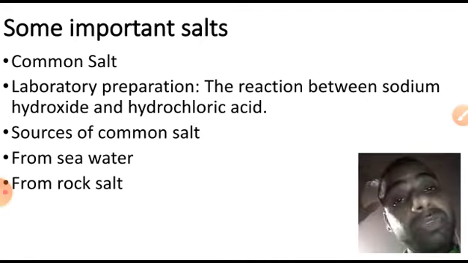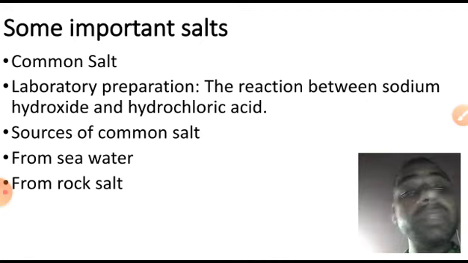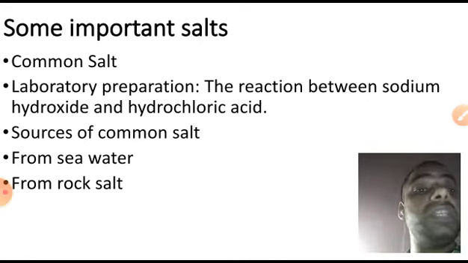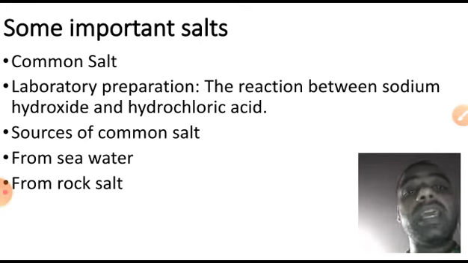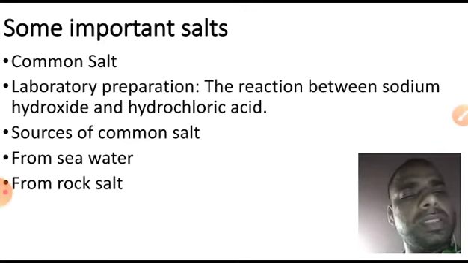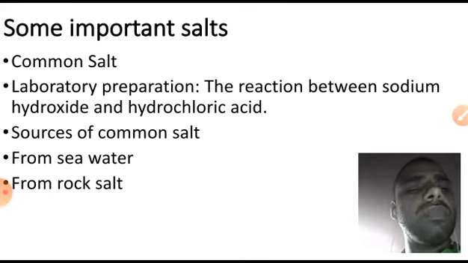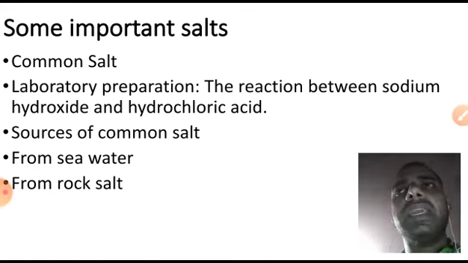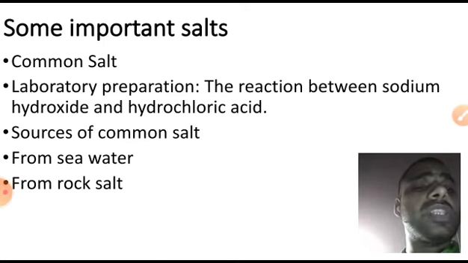But how can we obtain it from nature? The first one is the source of common salt, and we obtain it from seawater. How do we obtain it? Look, with the help of a water pump, take some seawater and store it in a shallow pool.